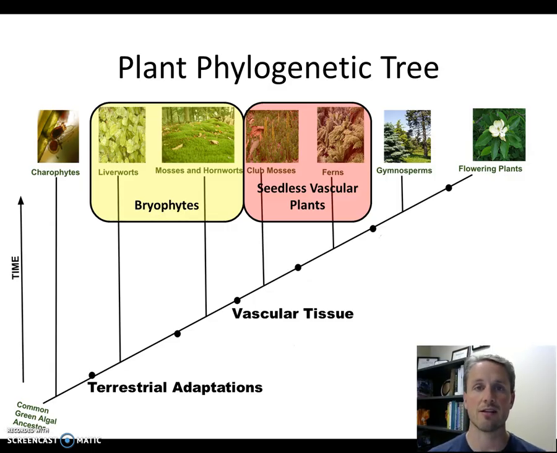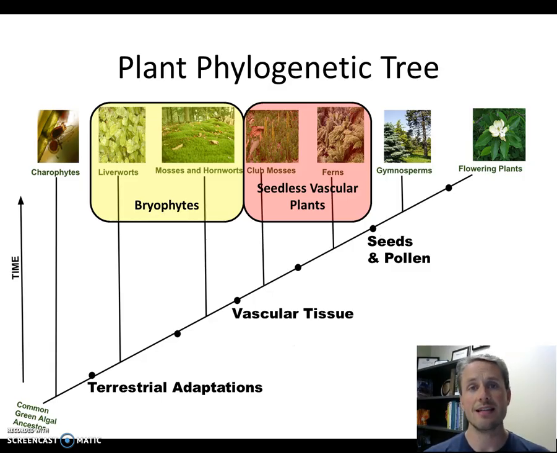And that characteristic that we're going to add at this point on the tree are seeds and pollen. So gymnosperms have seeds and they have pollen, as do the angiosperms. But the seedless vascular plants and the bryophytes lack these structures.